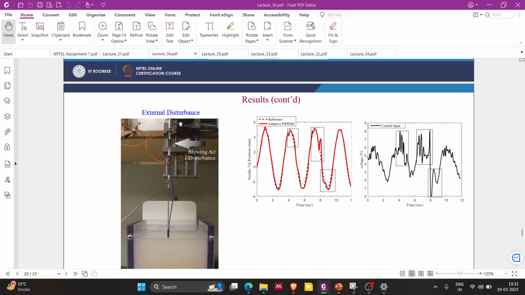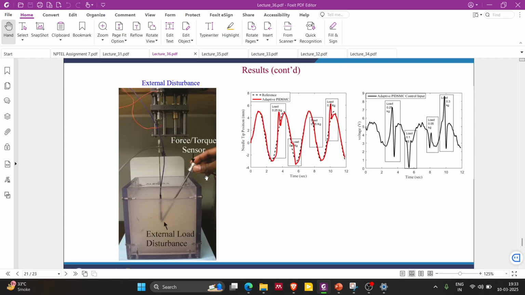Since we don't have live tissue, he used a blown air disturbance to see if it tracks that sinusoidal wave or not. The sliding mode control reduces and eliminates those external disturbances. So Professor Felix used blowing air as an artificial external disturbance.